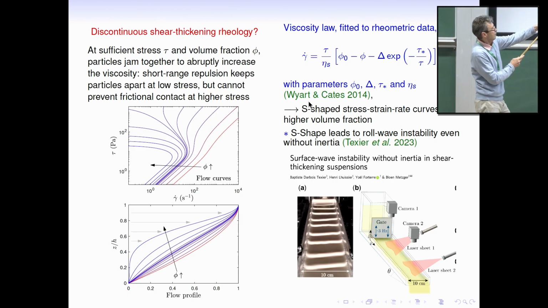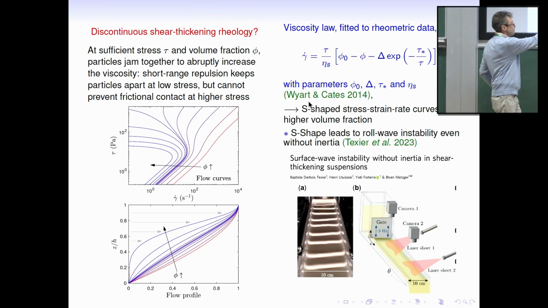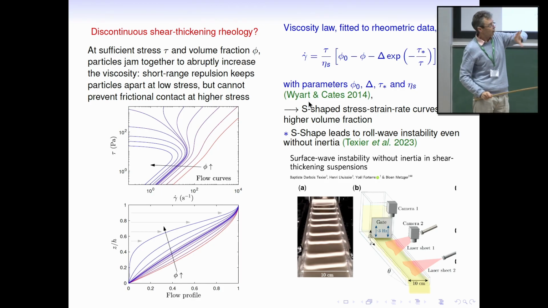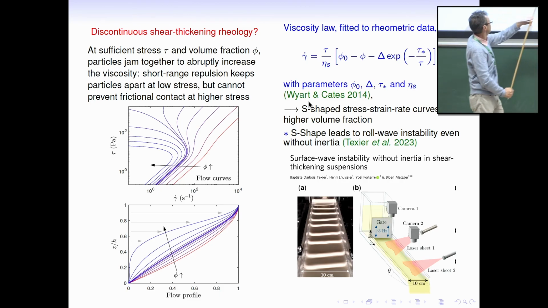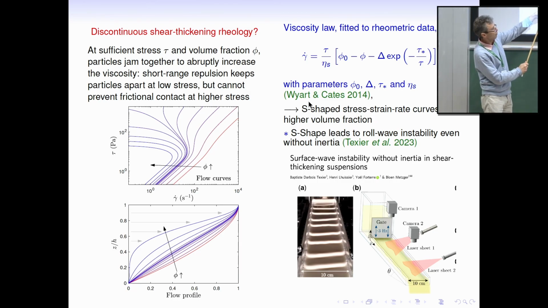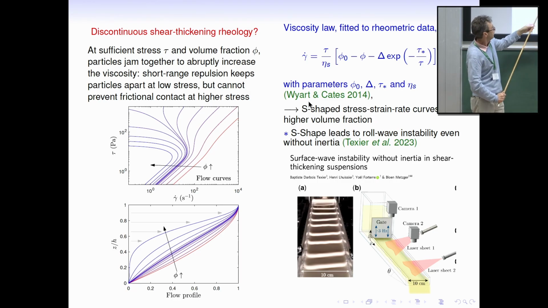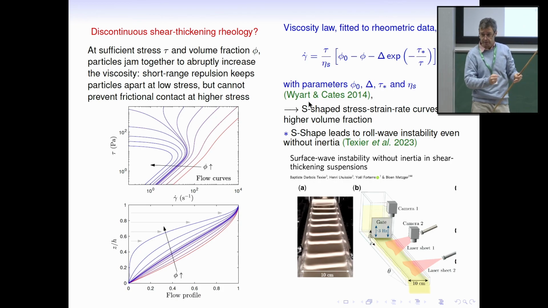But if the volume fraction is too big, it's actually drawing it the wrong way around, right? This gamma dot is a function of tau. This is tau against gamma dot. And you end up with this non-monotonic flow curve. So as you're going up here, if you reach that point, all of a sudden you've got to shoot up. That's where it's jamming together and thickening.